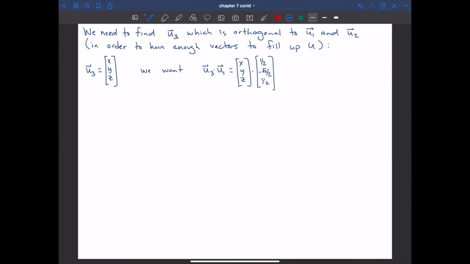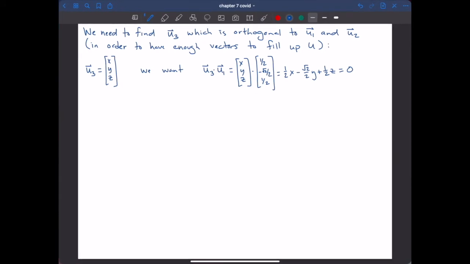When we take this dot product, we get 1/2 x minus rad 2 over 2 y plus 1/2 z equals 0. This equation has to hold in order for U3 to be orthogonal to U1. That gives us our first equation.